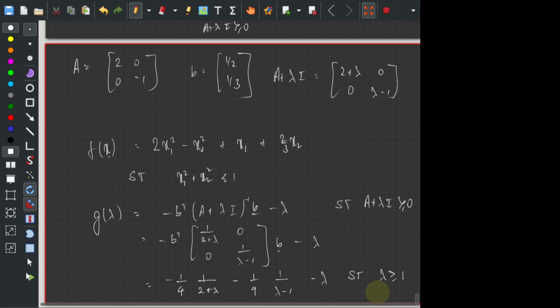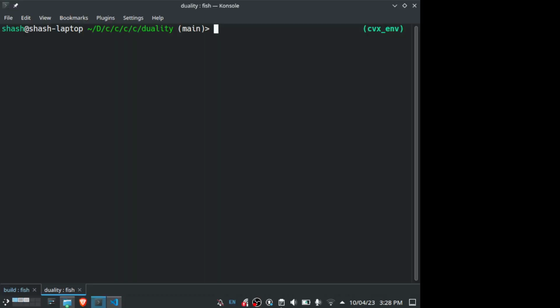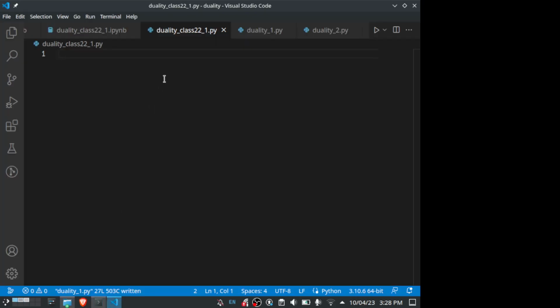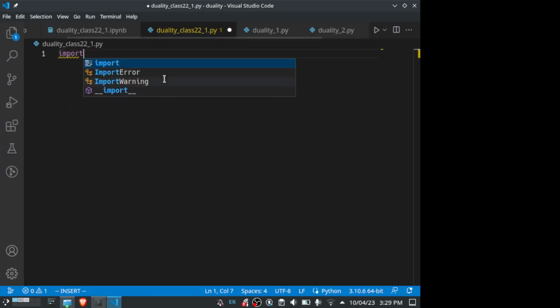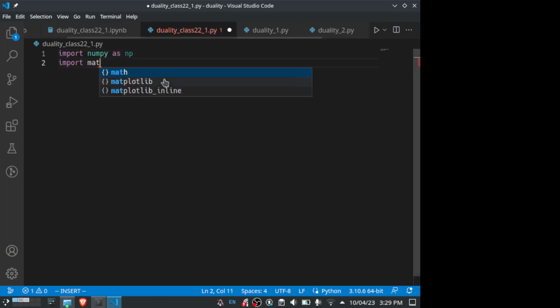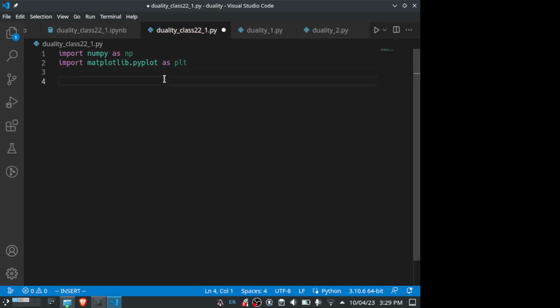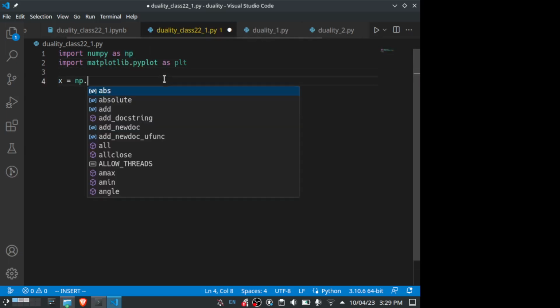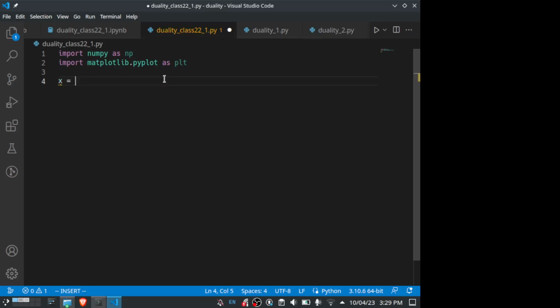So let's try to maybe numerically evaluate this. It doesn't seem like it's easy to solve. So let's try to visualize both the primal function as well as the dual function.